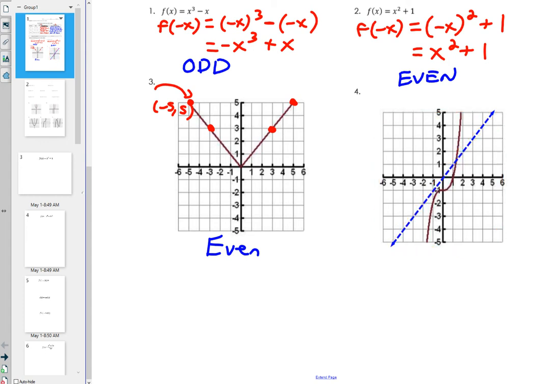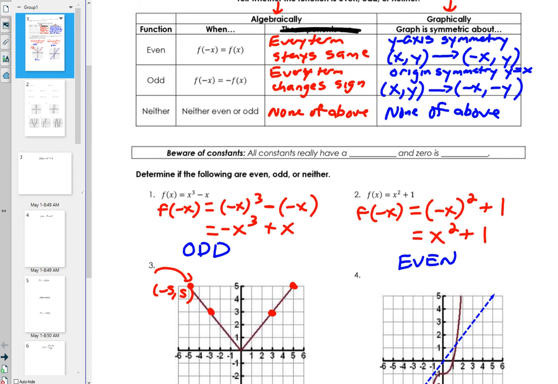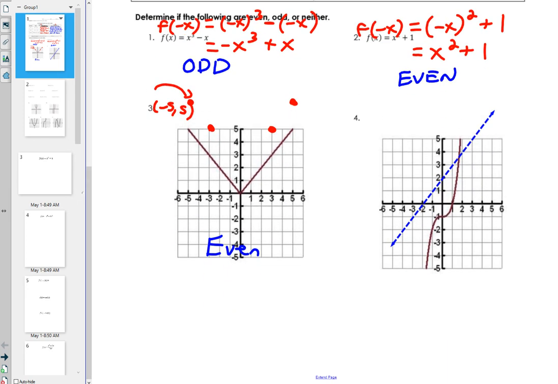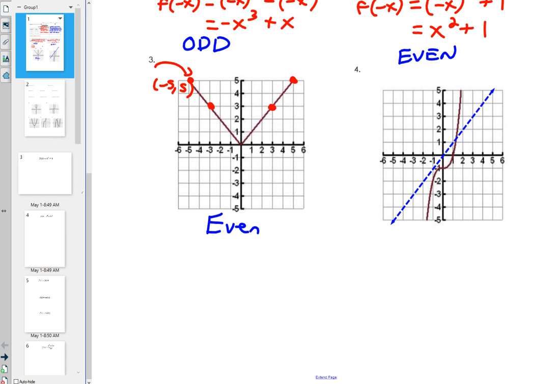But at least for me, it's harder to visualize odd functions. So just to be sure, I would prefer to do the check with the points. On an odd function, you're supposed to change the sign of both. So for instance, it looks like 0, negative 1 is there.